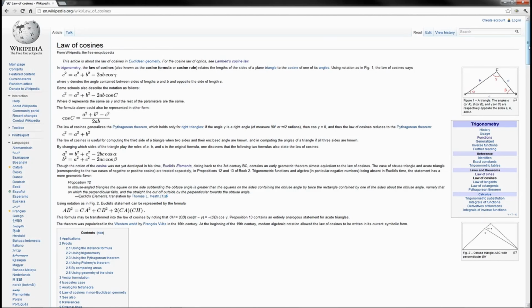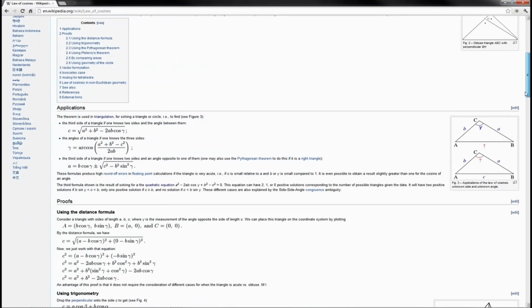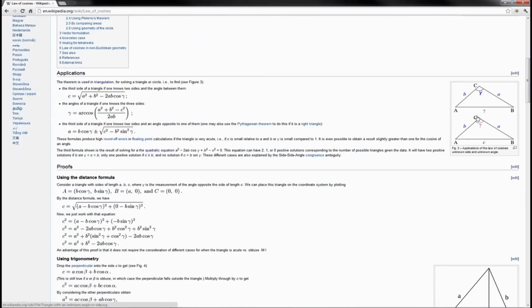Now I look, and there's a whole bunch of stuff here, which looks terribly confusing, but I see this lovely little picture over here, and this is sort of showing me what I've got. I've got my sides and I've got my angles. If we scroll down and just have a little light read, we find an example problem right here, where we have an unknown angle, which we see in the picture above is being denoted here as gamma.